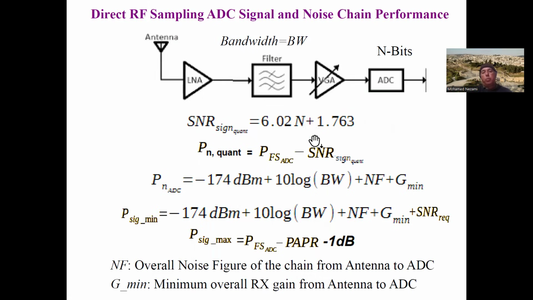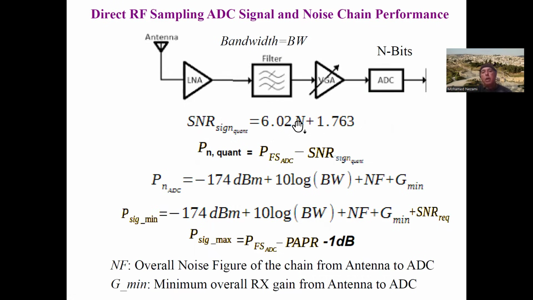That's 62 dB SNR due to quantization. Of course, we said back then that the SNR is the parallel combination of three sources of noise. One is the quantization, but we also have the thermal noise and the jitter noise. We defined those and showed some examples of how you compute that.